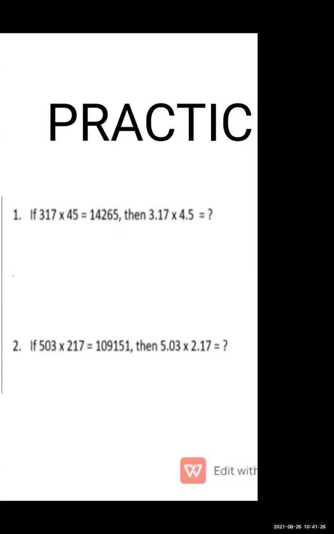Correct. Here the answer is directly given. If 317 multiplied by 45, then the answer will be 14,265.